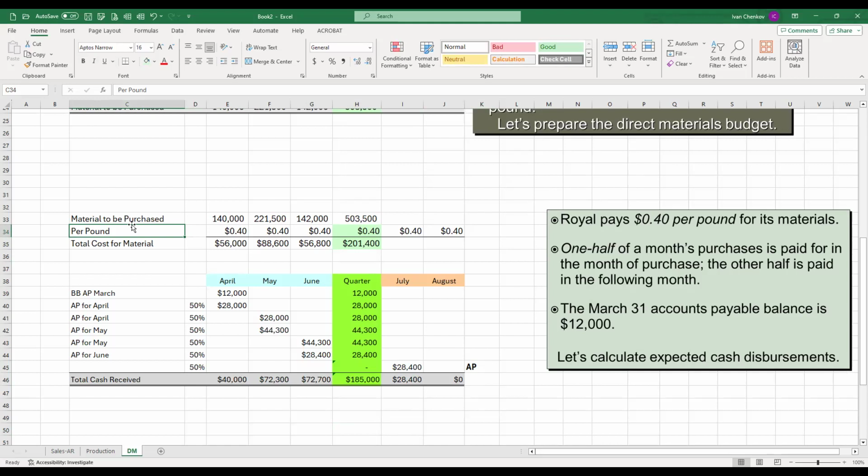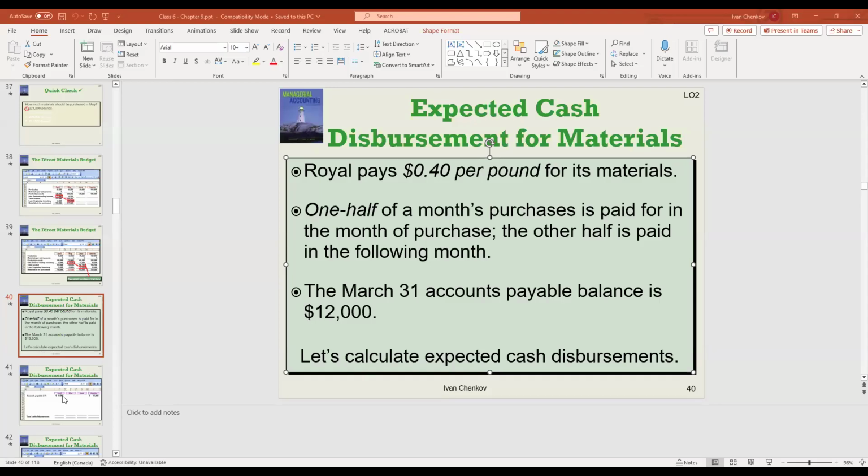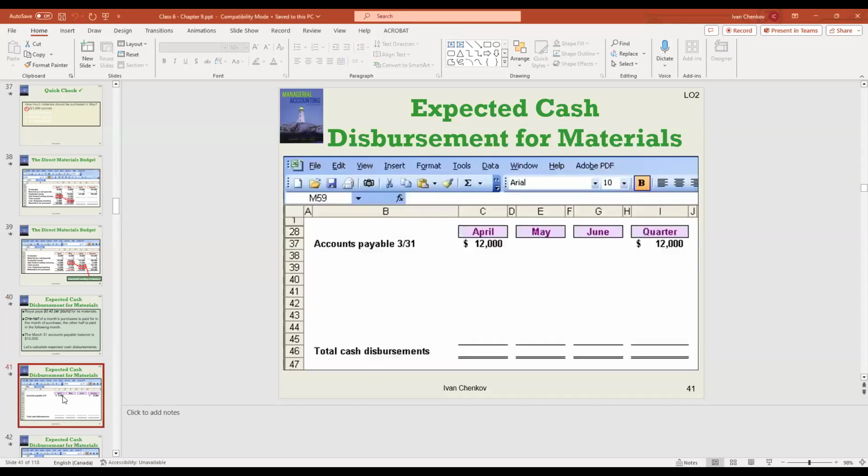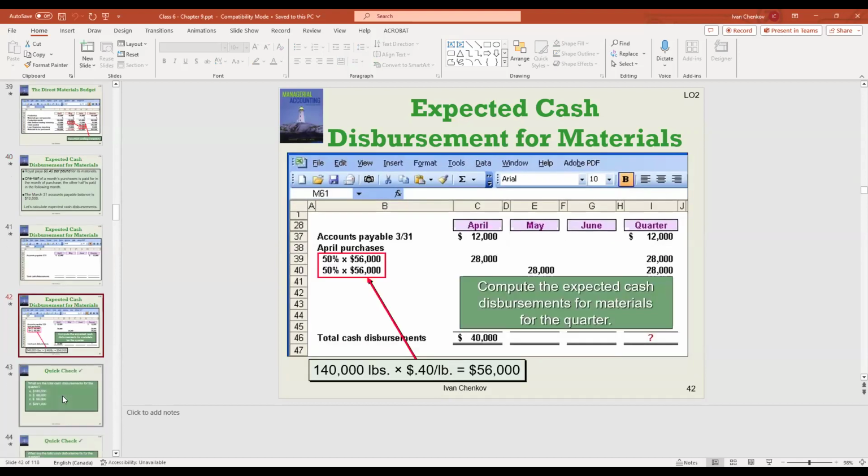All right. Let's go and check the slides. So again, the slide starts with, first we're going to pay accounts payable from March, and then we're going to start paying 50% of April in April and 50% from April in May.